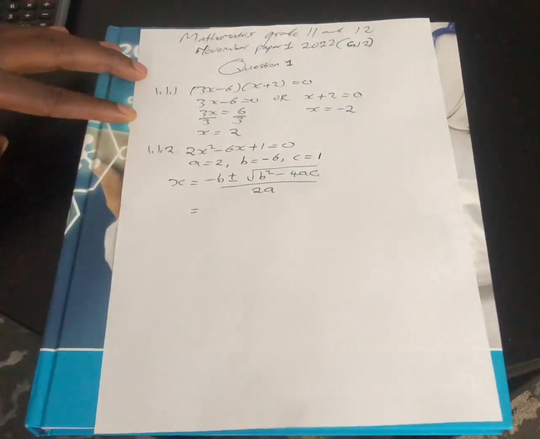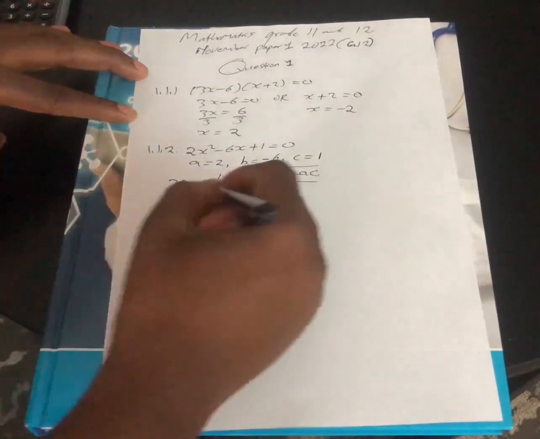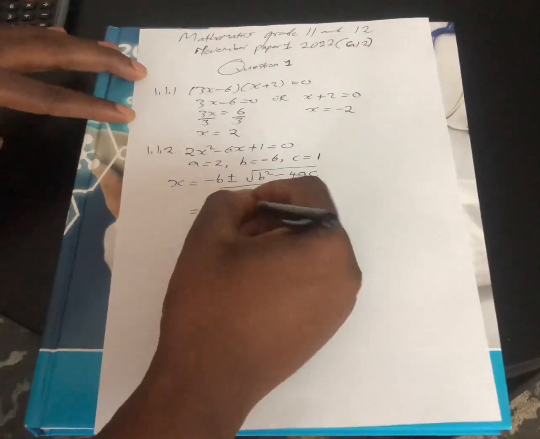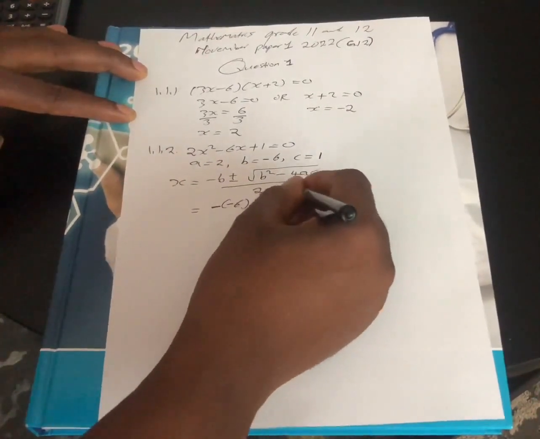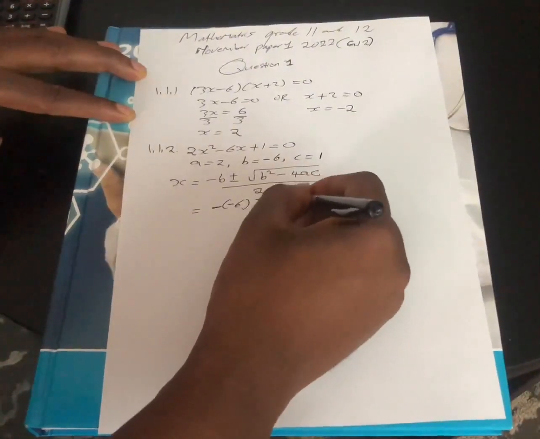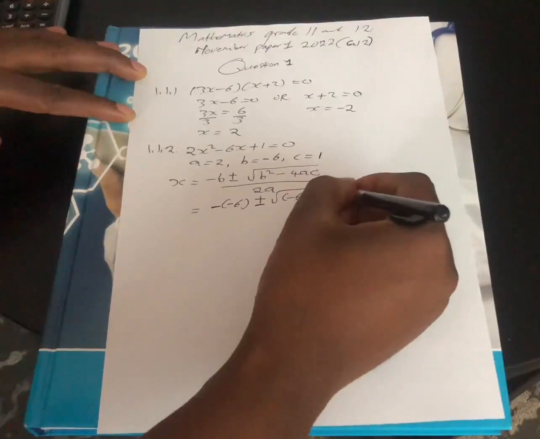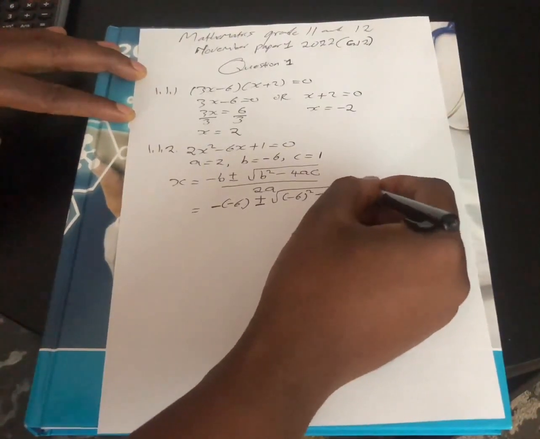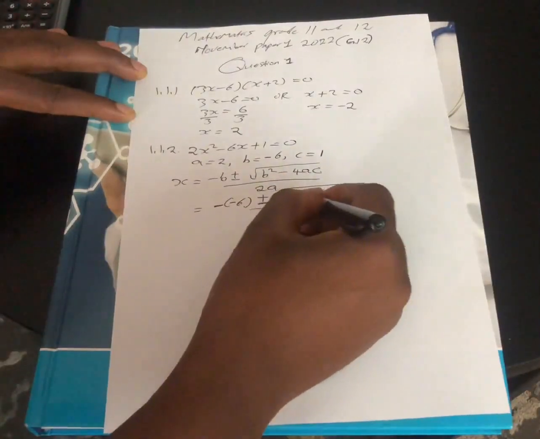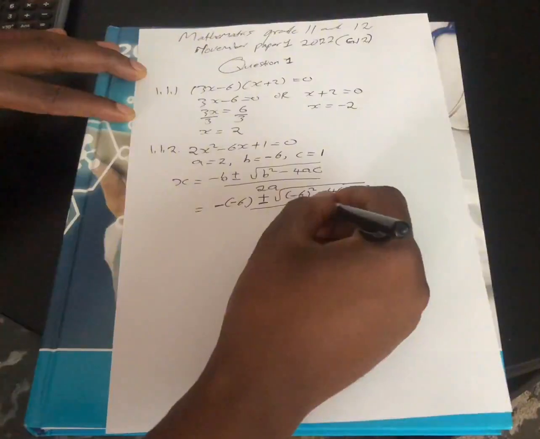The value of b is negative 6, then we have a negative of the equation, then negative 6. Not to forget that. Plus or minus the square root of (-6)² - 4(2)(1), all divided by 2a. The value of a is 2.